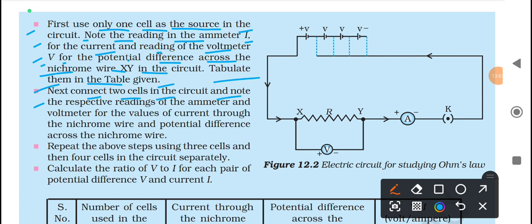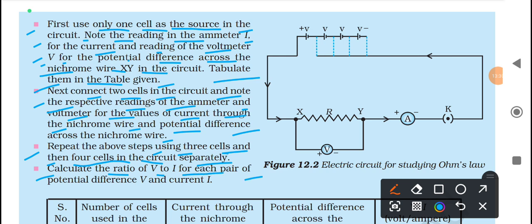Next, connect two cells in the circuit and note the respective readings of the ammeter and voltmeter for the values of current through the nichrome wire and potential difference across the nichrome wire. Repeat the above steps using 3 cells and then 4 cells in the circuit separately.